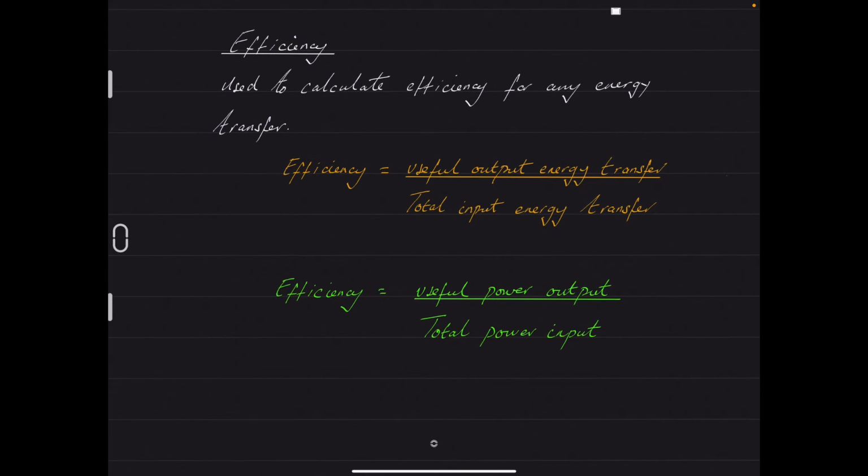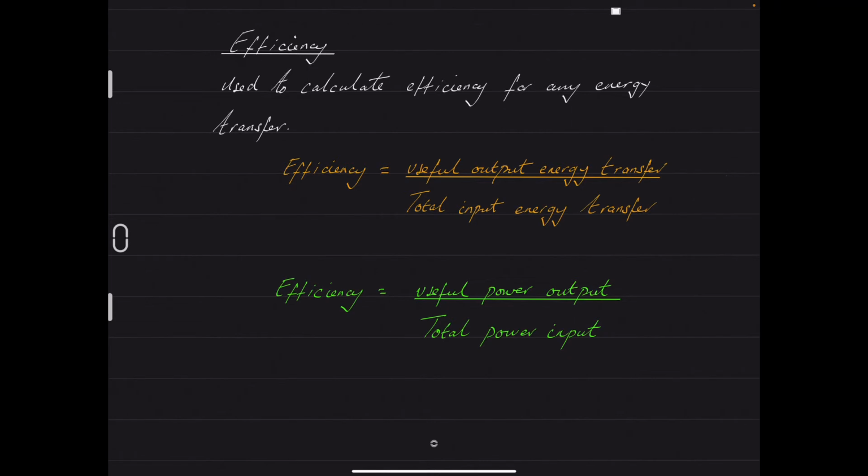Now the third summary equation is the equation for efficiency. As we have looked at Sankey diagrams and also the equation for efficiency, we represent it as the first equation shown here: efficiency is useful output energy transfer divided by total input energy transfer.